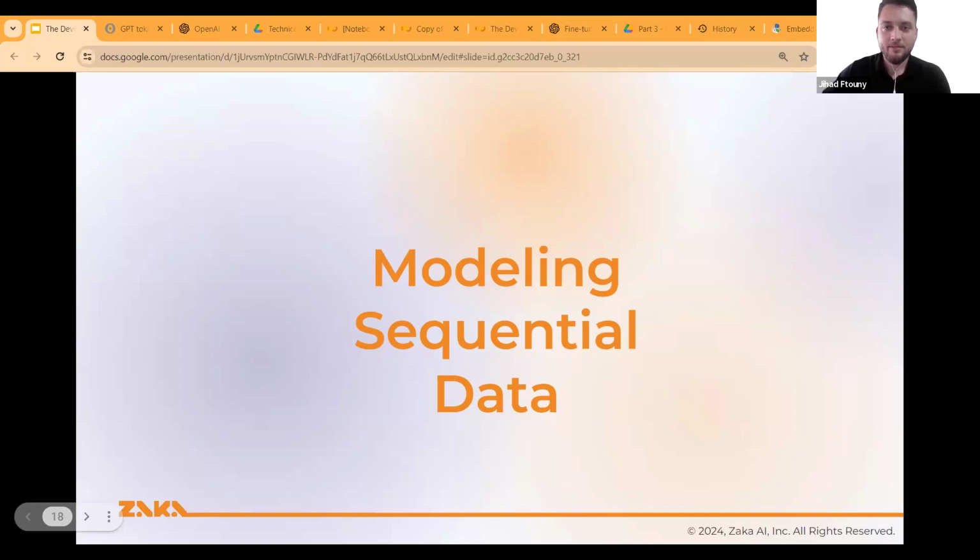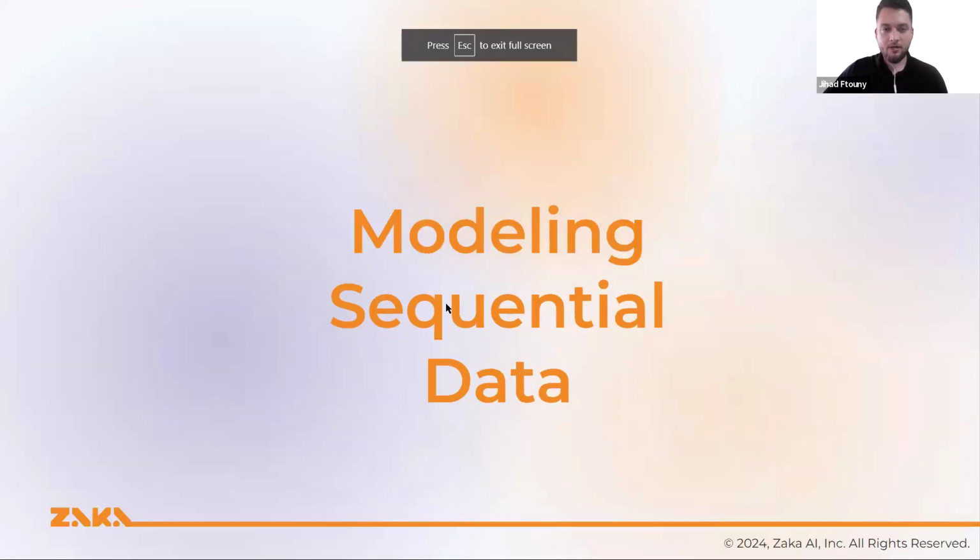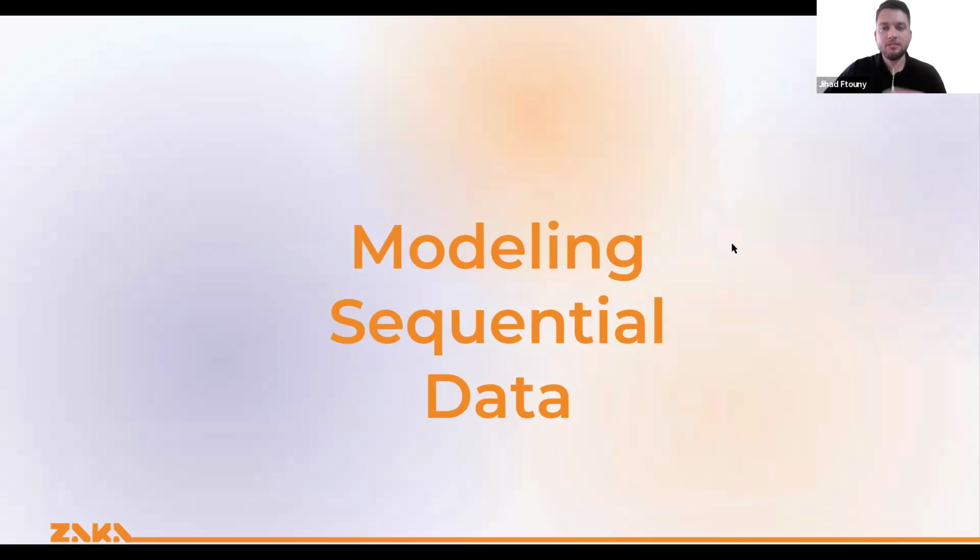Okay, I'm going to go back to the presentation now. This was a live interactive way to see it. Now the next thing that we'll discuss is how we can use neural networks to model sequential data.